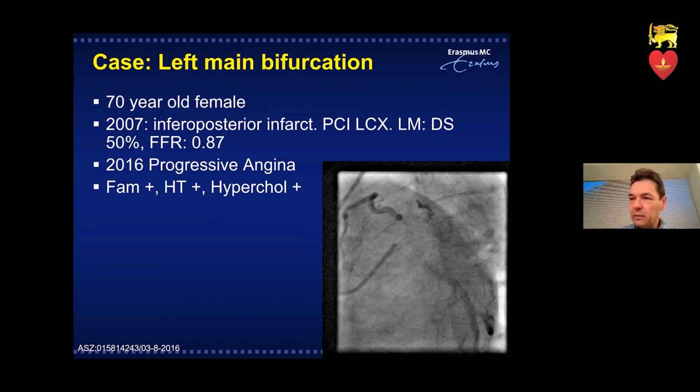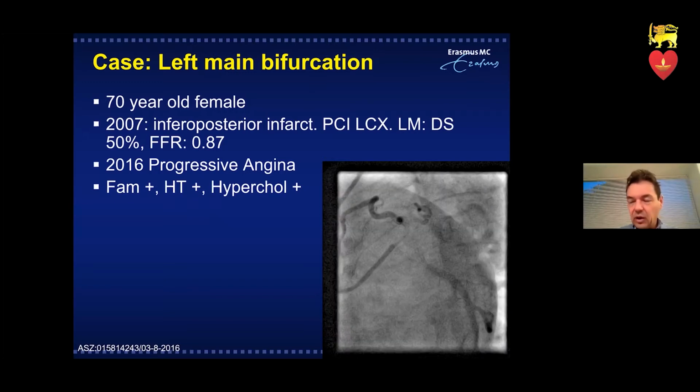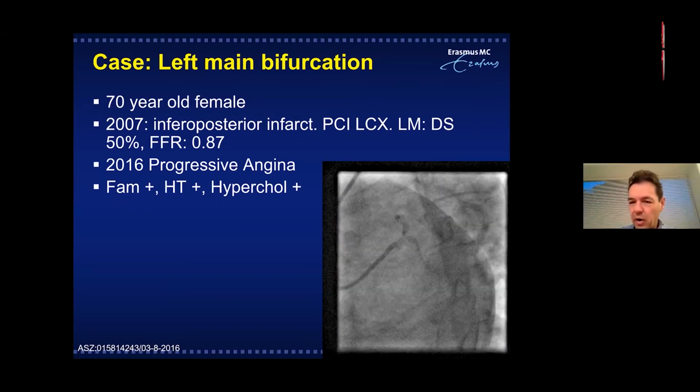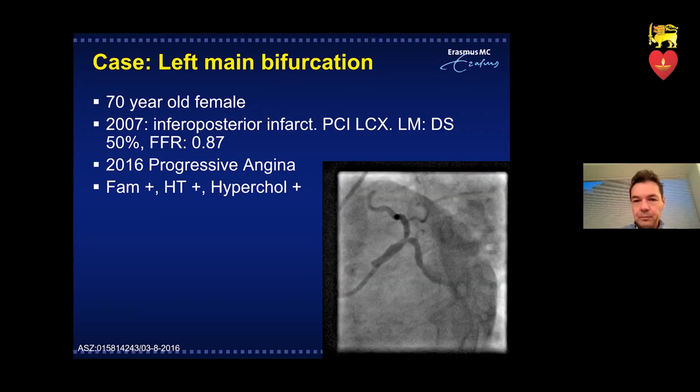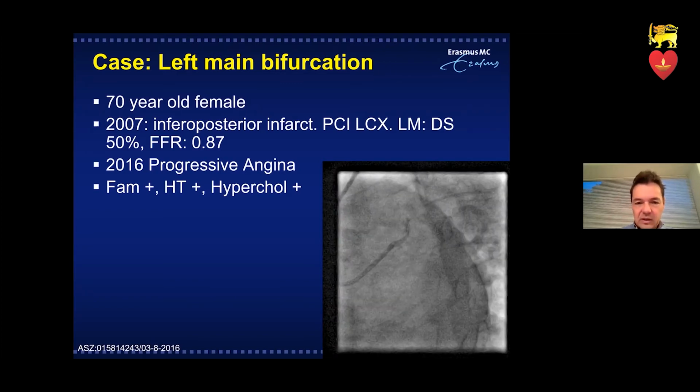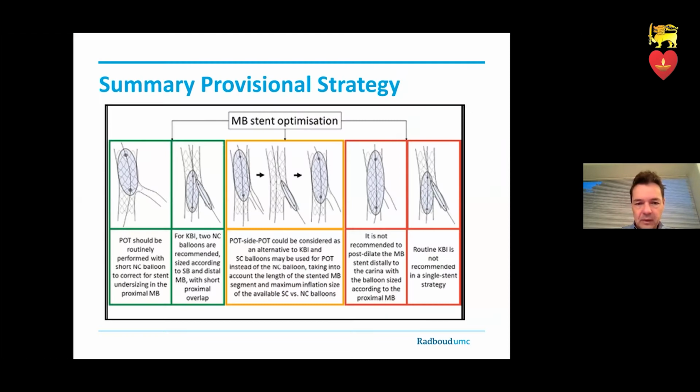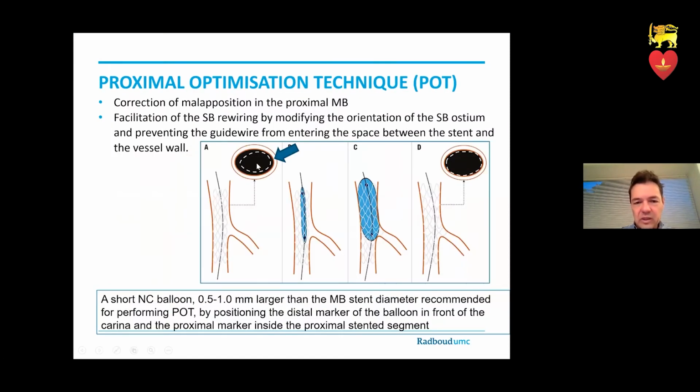I'm not always doing the POT with a very high pressure. The whole purpose of the initial POT is to get apposition. As was demonstrated, I can go back to the slide. The most risky section of your rewiring is that you will be behind some of these struts. If you are again with your new wire behind the struts, then the provisional is not going to be provisional, but there will be some crushed sections in there.